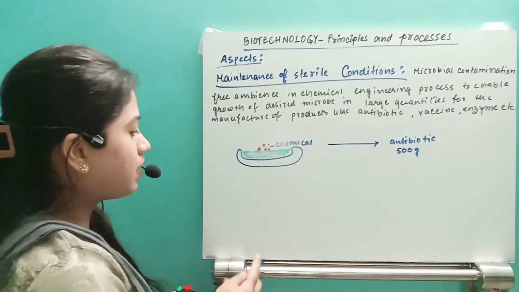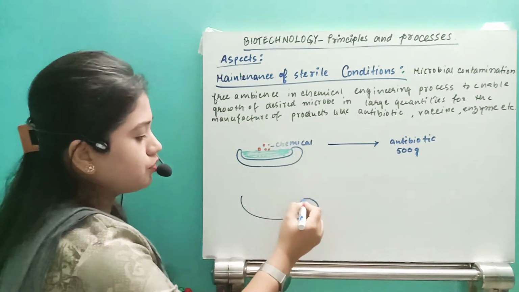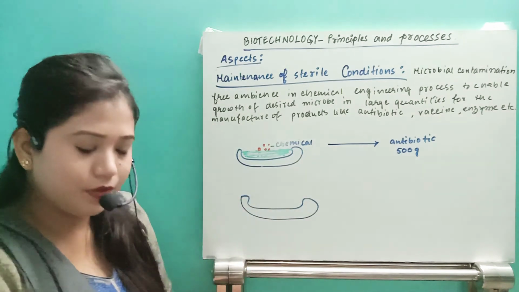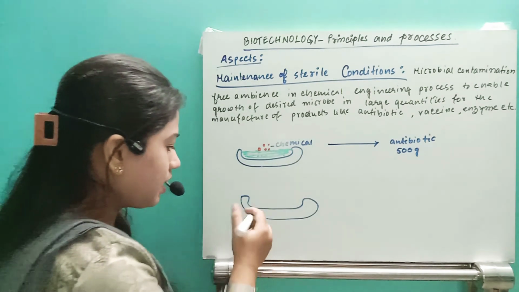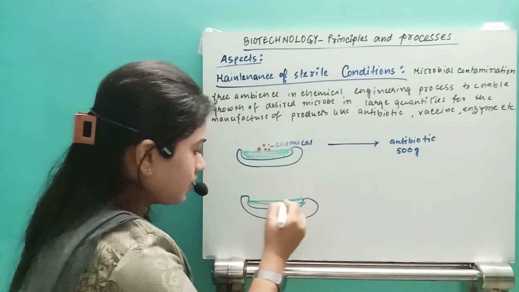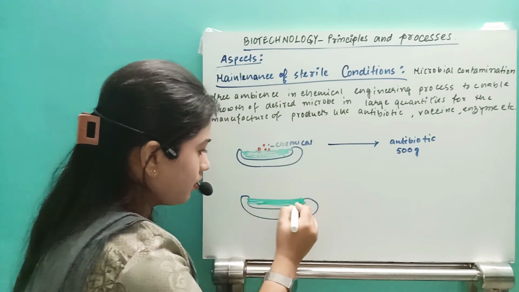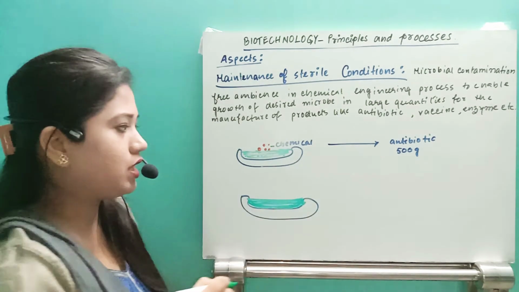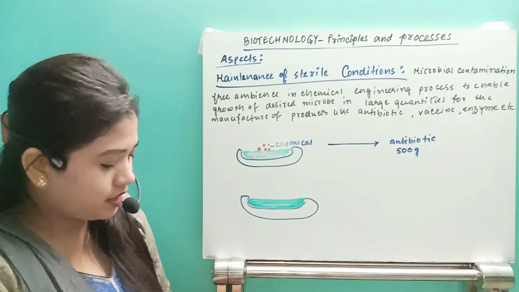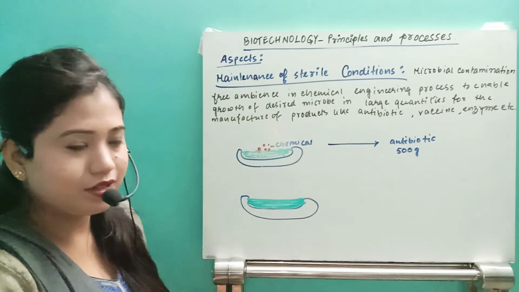Now in this petri dish, suppose you allow the growth of the microbe using the same environment, that is the agarose gel. This is the same nutrient, and we have also added the fungus.